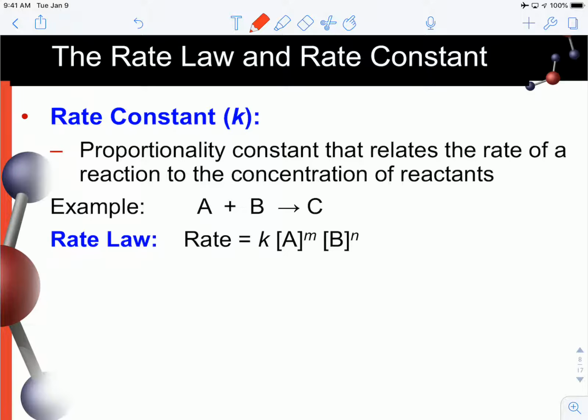The rate is equal to a rate constant times the concentrations of A and B. Those are the concentrations of my reacting species. Of course, the assumption here is that we're starting with A and B and we have no C. We're just moving in one direction here, measuring that rate.